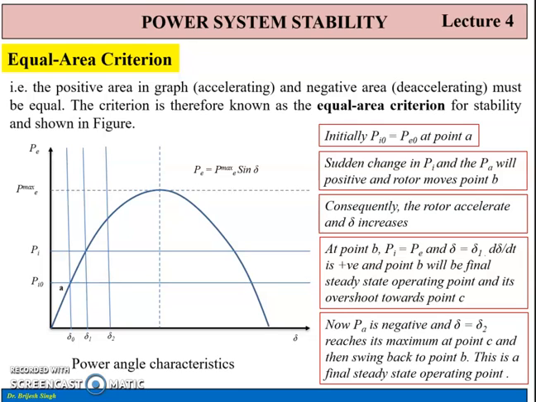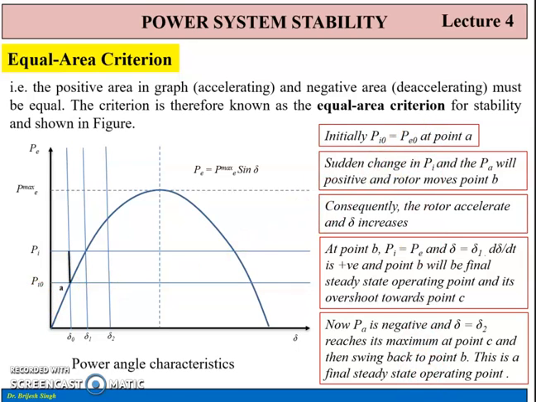Initially, Pi0 is equal to Pe0 at point A. Let us assume a point A, and initially the mechanical power is equal to the electrical power at point A.